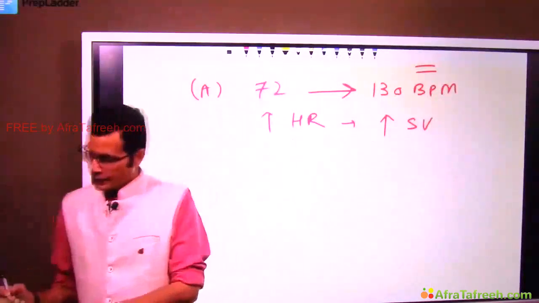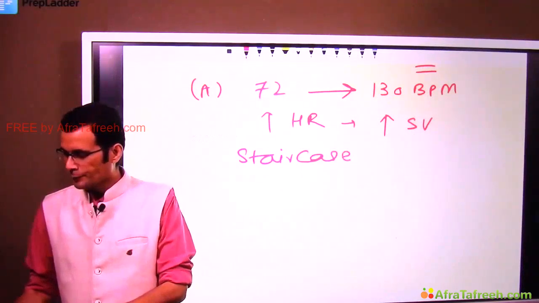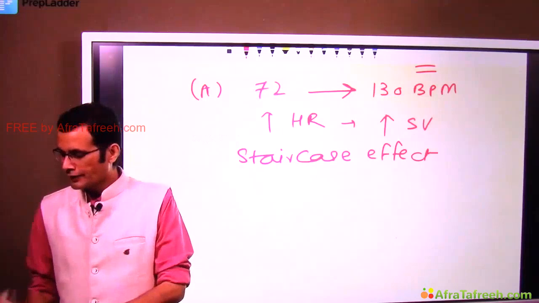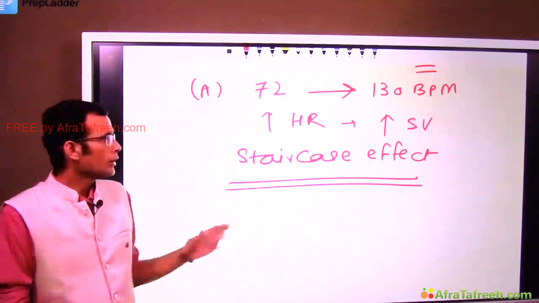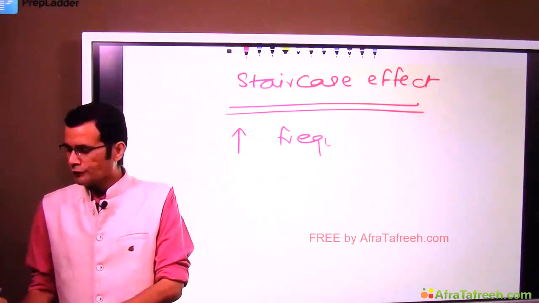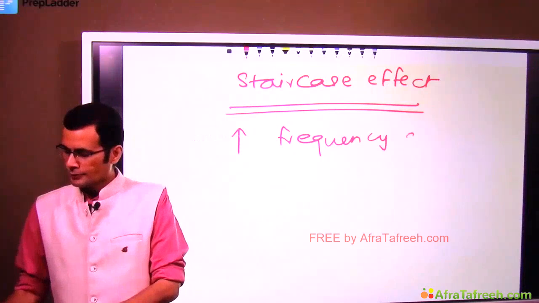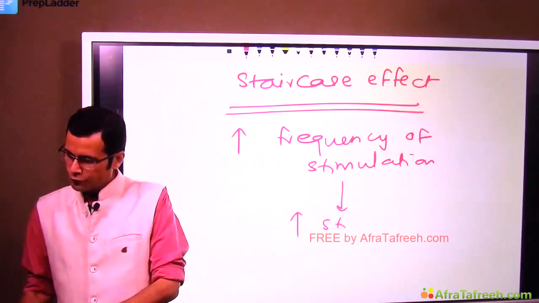This is by the so-called staircase effect. We have already described this effect in the skeletal muscle. The effect is that increased frequency of stimulation to a muscle causes increasing strength of contraction.